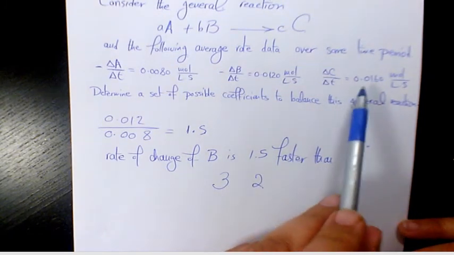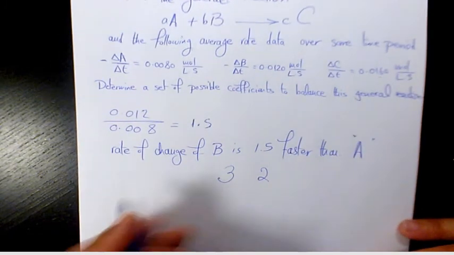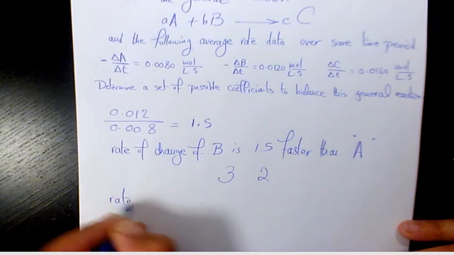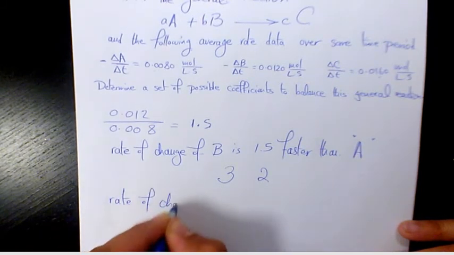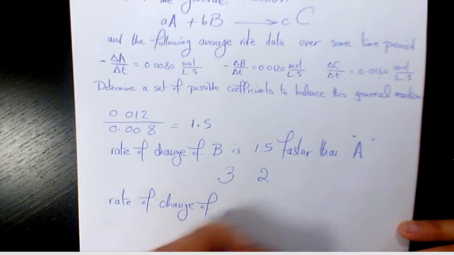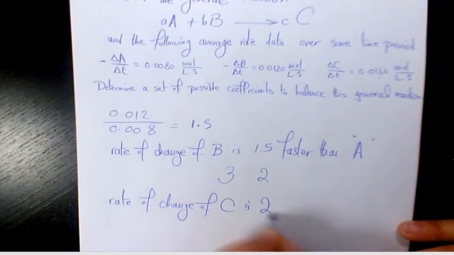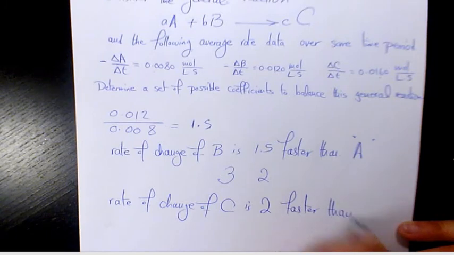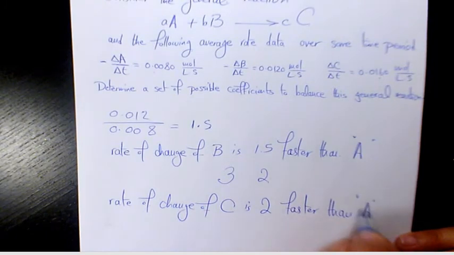What about this one and this one then? I'm going to say the rate of change of C is 2 times faster than A. So C is twice as fast as A.